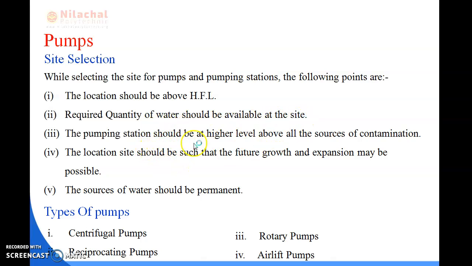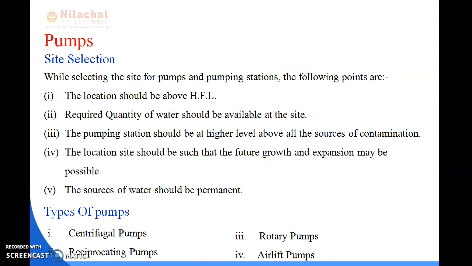The pumping station should be at a higher level than all sources of contamination, and the location should be such that future growth and expansion are possible, and the source of water should be permanent.